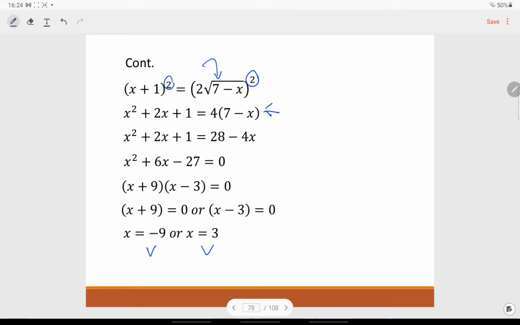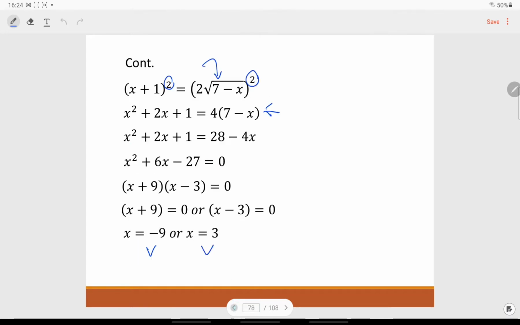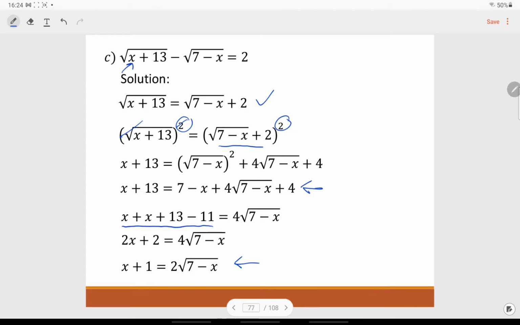Because we have two values for x, we need to check which one is the true solution for this problem. How to do that? We need to substitute x into the given equation and see which one will give us the true equation.